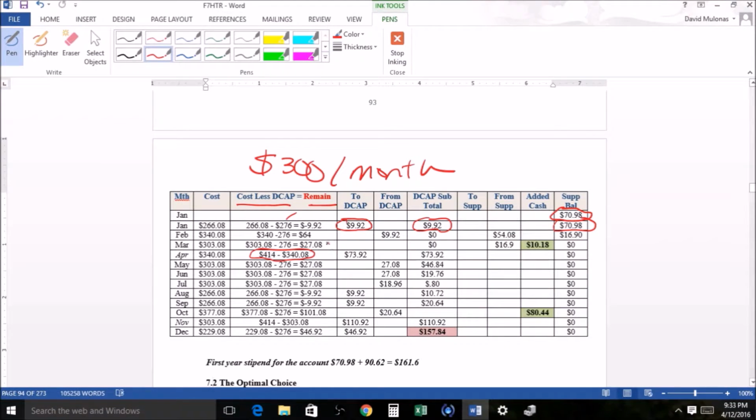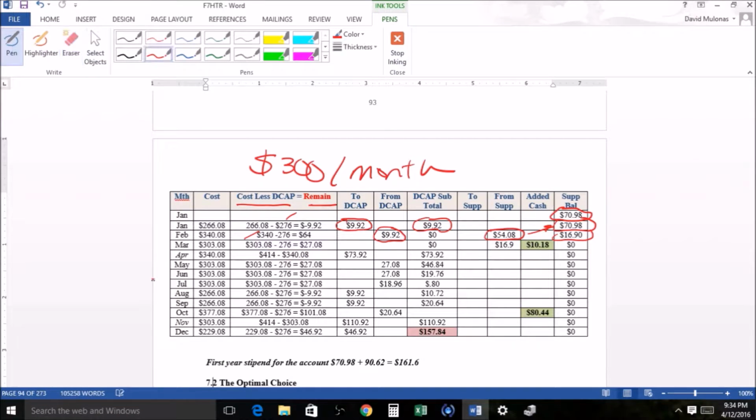So then we get to the next month and we can see that the daycare bill, child care, is $340, and so a $64 balance remains to cover that cost. So $9.92 was pulled from that account, but it leaves $54.08 to pay the bill. So that means taking away from the supplemental leaves the $16.90. So everything is still covered.